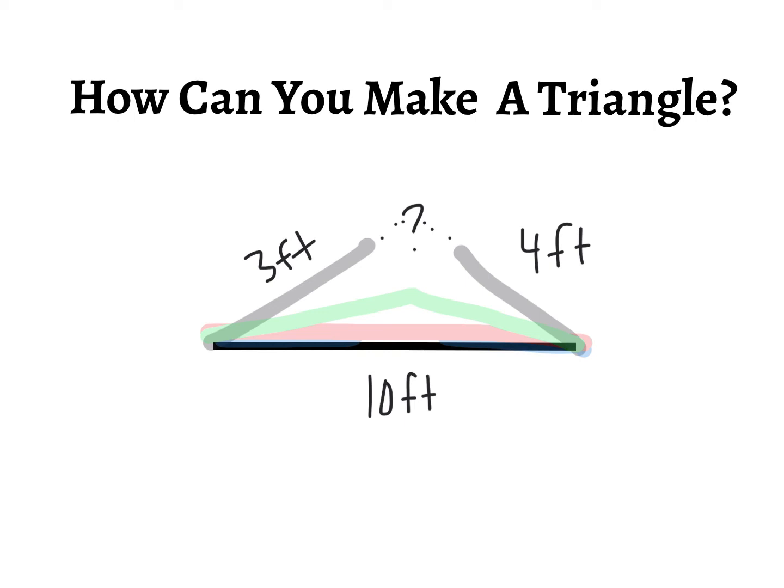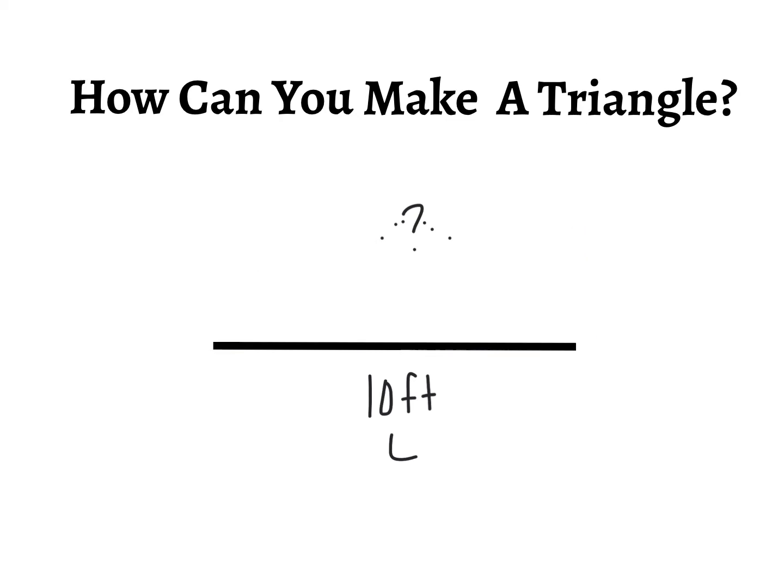So we're going to categorize this as small, medium, large. We'll say this is the small side, this is the medium side, and this is the large side. So of any triangle, what we're going to be looking for is I'm going to put this together here.